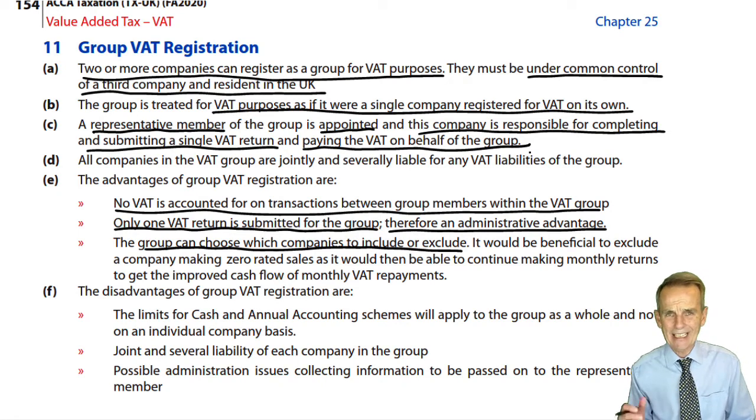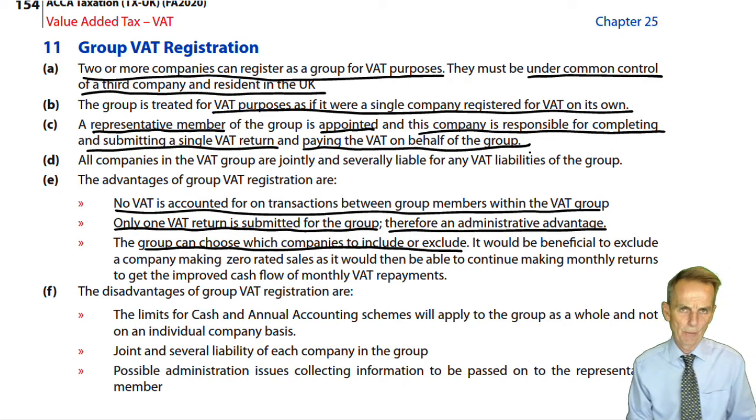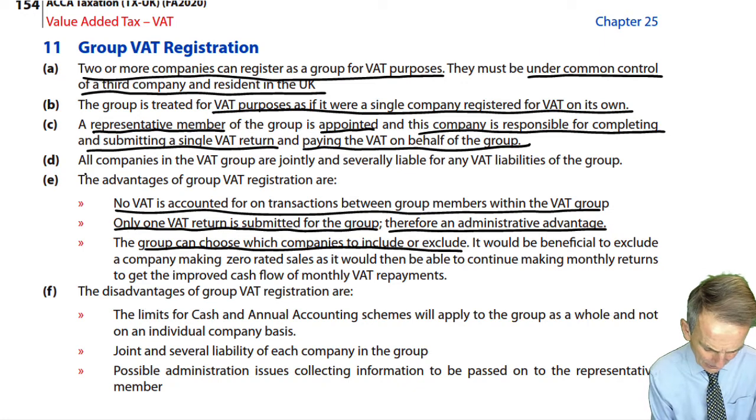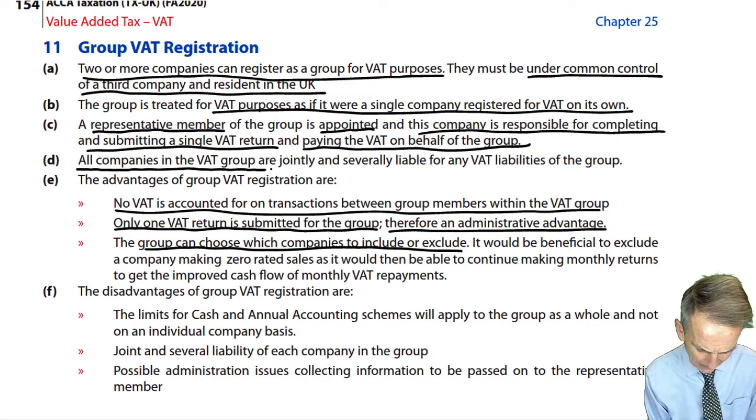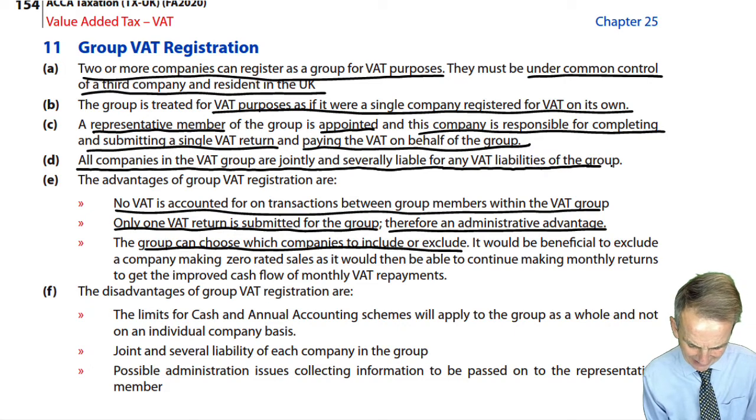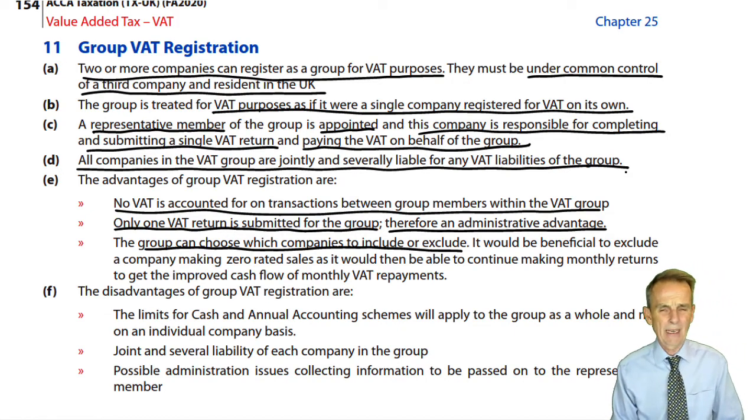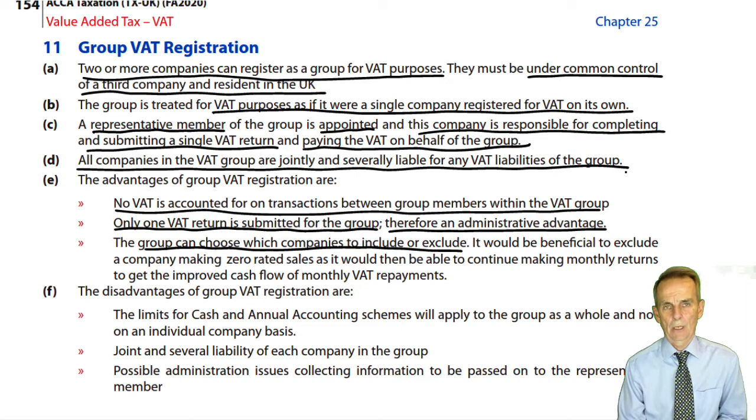That said, though it is the one that submits the VAT return and makes the payments, all companies in the VAT group are jointly and severally liable for any VAT liabilities of the group.